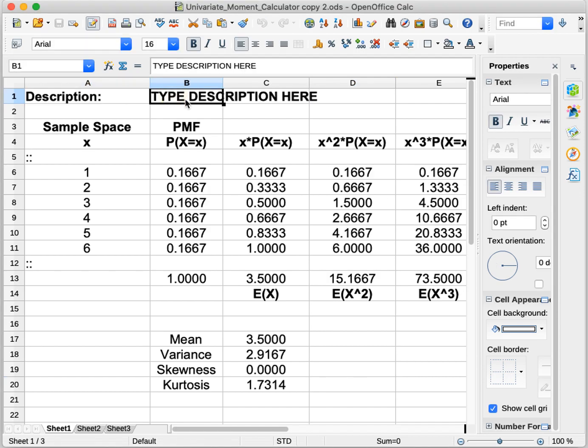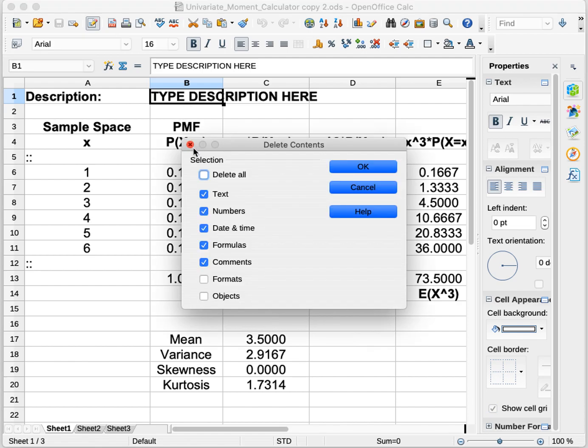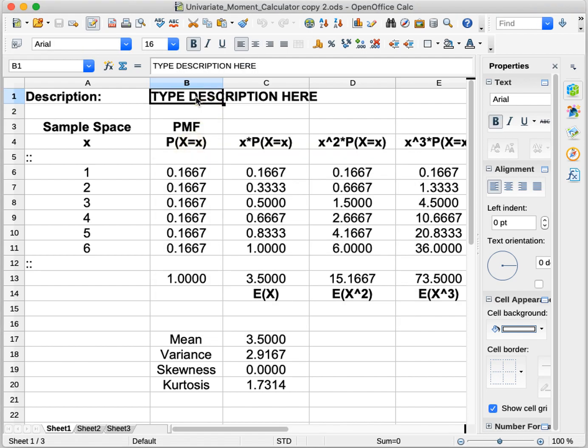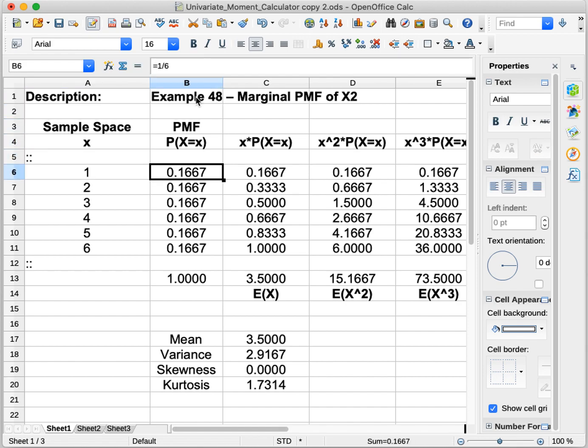Okay, so there we go. Opened up another copy of the template, and this is example 48. This is marginal PMF of x2. Sample space is correct. Now I just need to enter the probabilities.